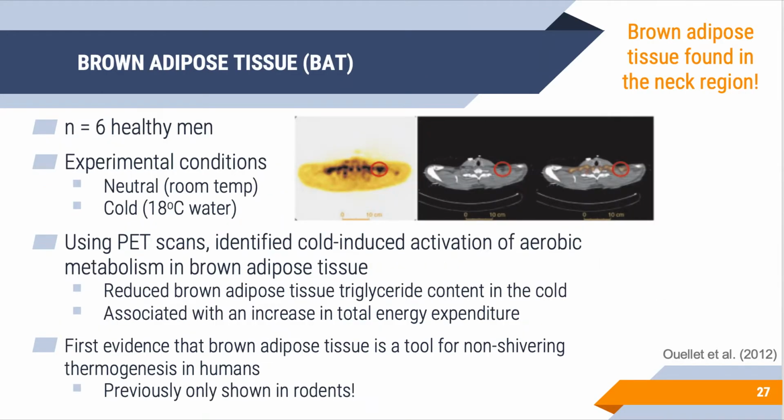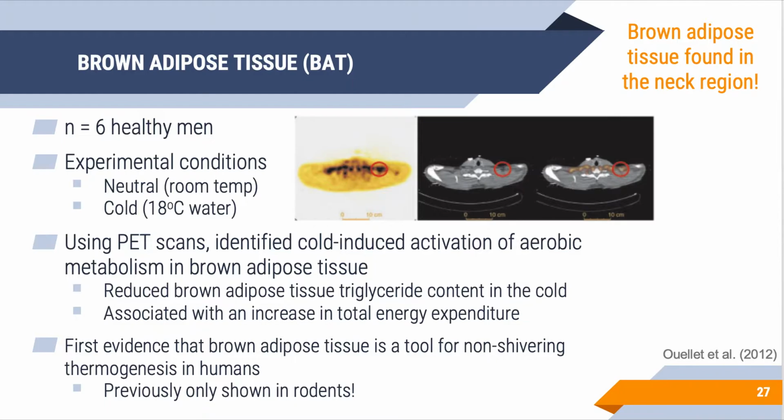And the last angle I really want to talk about here is brown adipose tissue, or BAT. So this is actually a study in humans, and it was the first study in humans to look at brown adipose tissue. 6 healthy men, what they did was they exposed them to a neutral room and then a condition where they were immersed in 18 degrees C water, so cold water.